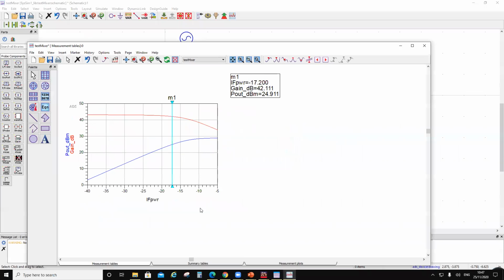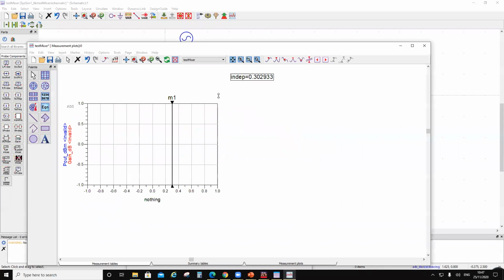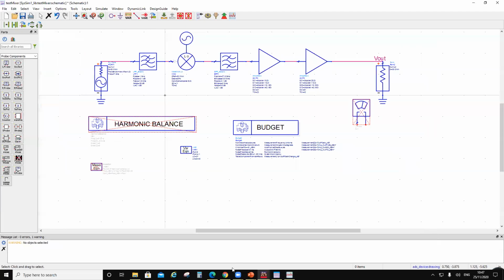And this guy is compressing. It is compressing at around minus 17 itself. I always see this as a problem. Let's run this. Okay, hang on, I made a mistake.